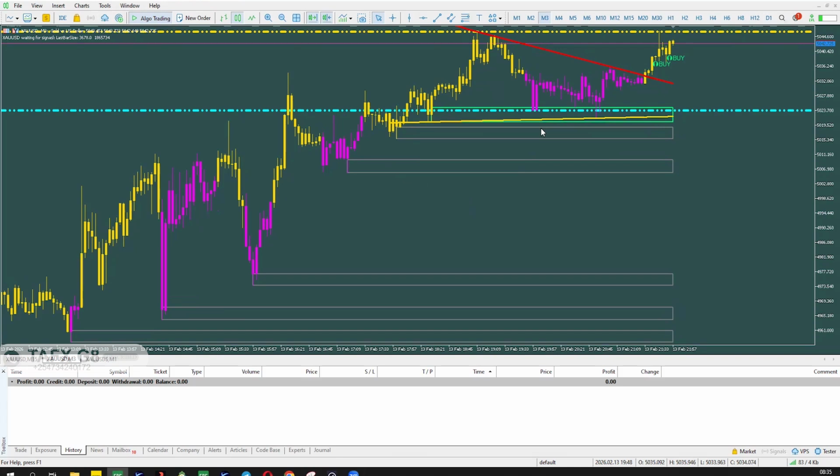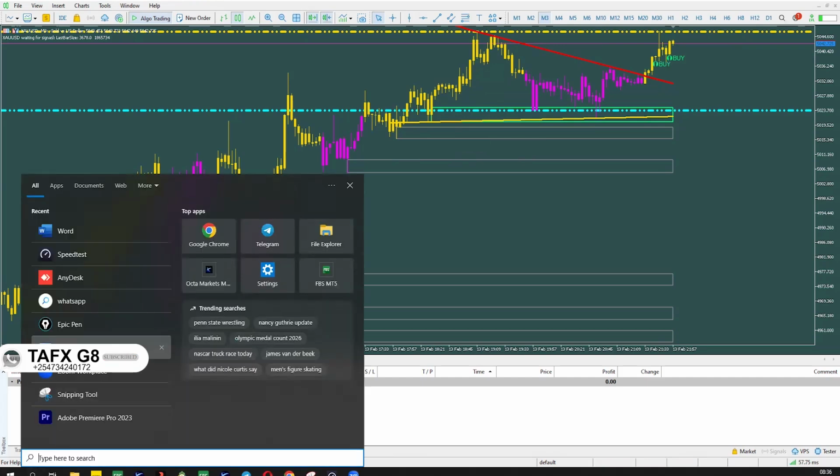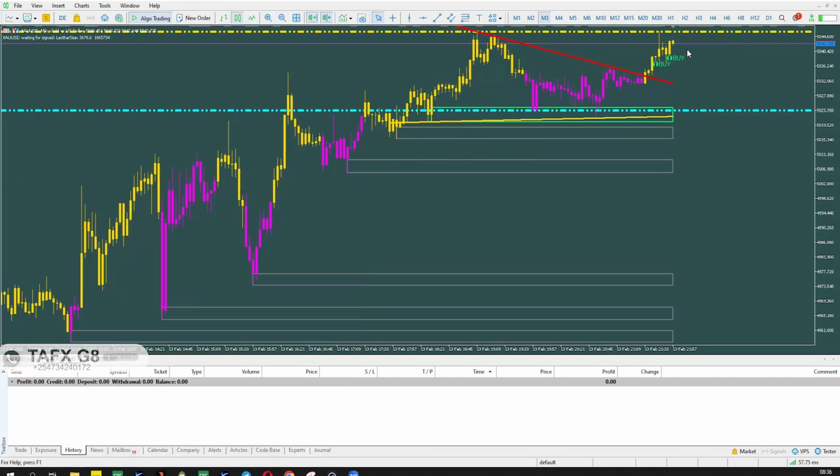Now, let me explain how this makes things easier for you to understand, or for your eyes to capture our strategy easily, because we did not add these indicators just to paint the charts or make the chart look great.